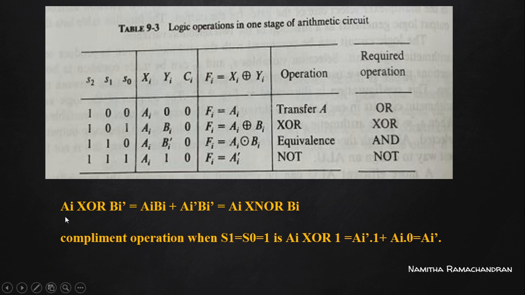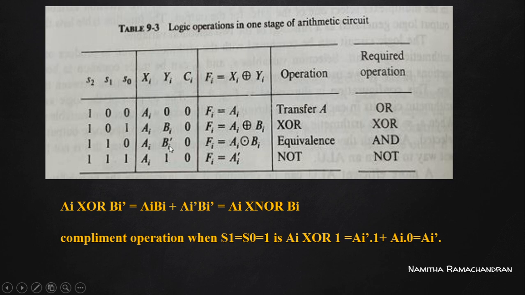Consider this particular case. Ai XOR Bi complement is Ai, Bi complement, all complement is Bi itself, plus Ai complement and Bi complement. That is Ai XNOR Bi. This is the explanation for this particular case, how this XNOR expression is obtained. Substitute Ai and Bi complement over this XOR function, that is the full adder output function.